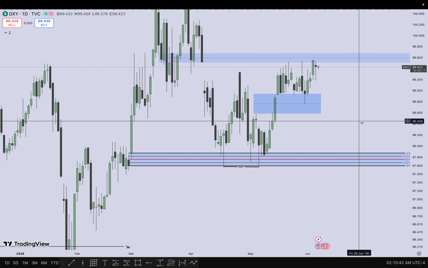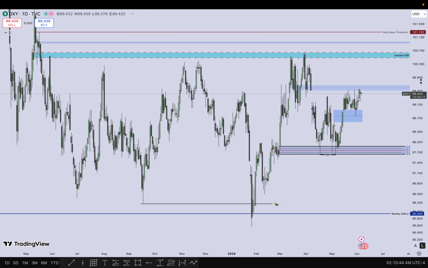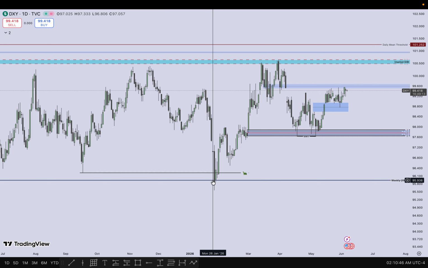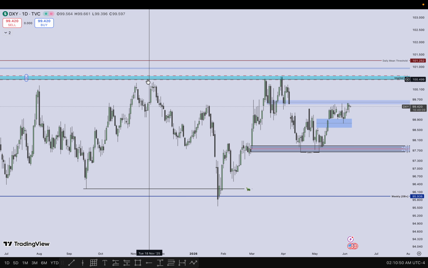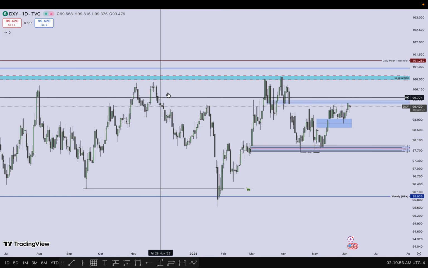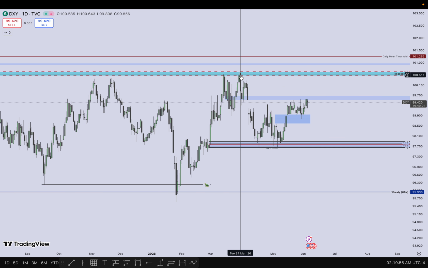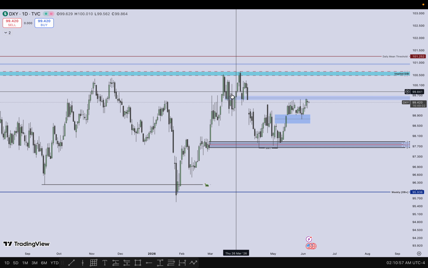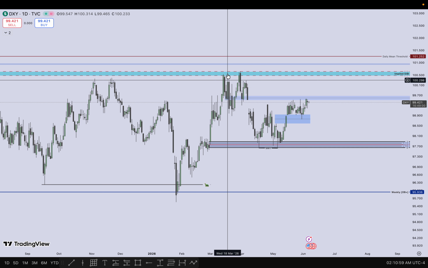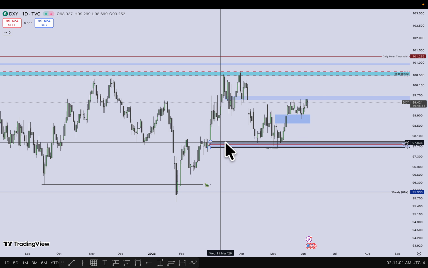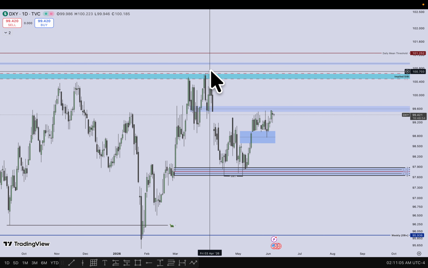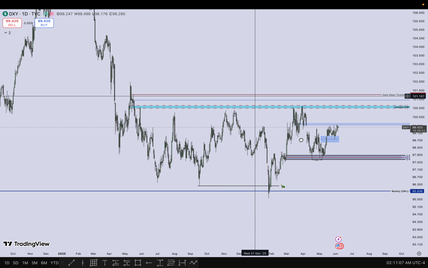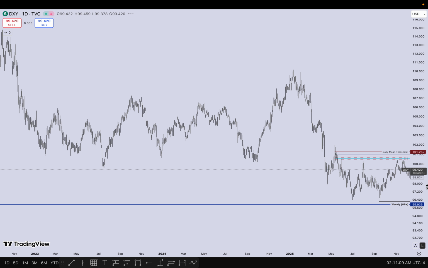Okay, going to the daily, let me move these things. On the daily, what you can see here is price has taken this liquidity and gone for a market maker buy model, with the original consolidation, and created a high. It came for a short-term market maker sell model, came for inefficiency, and it's continuing the market maker buy model to take this high. So the whole thing is market maker sell model and buy model.